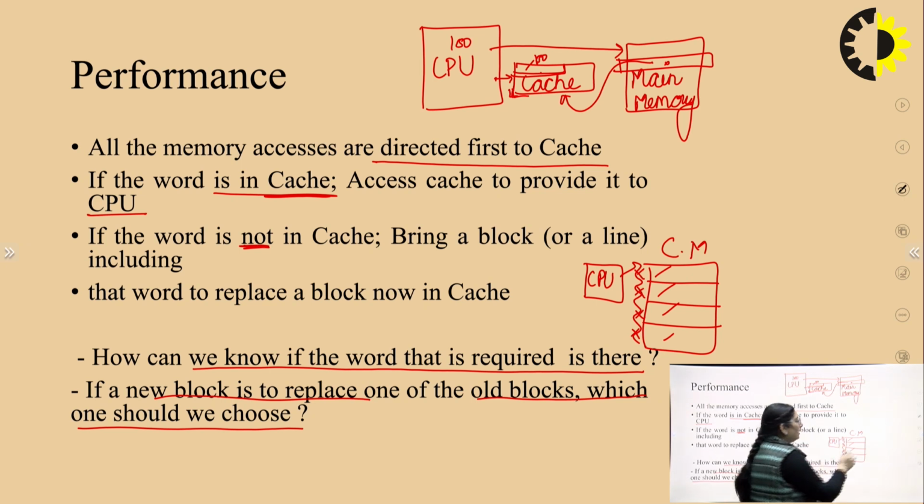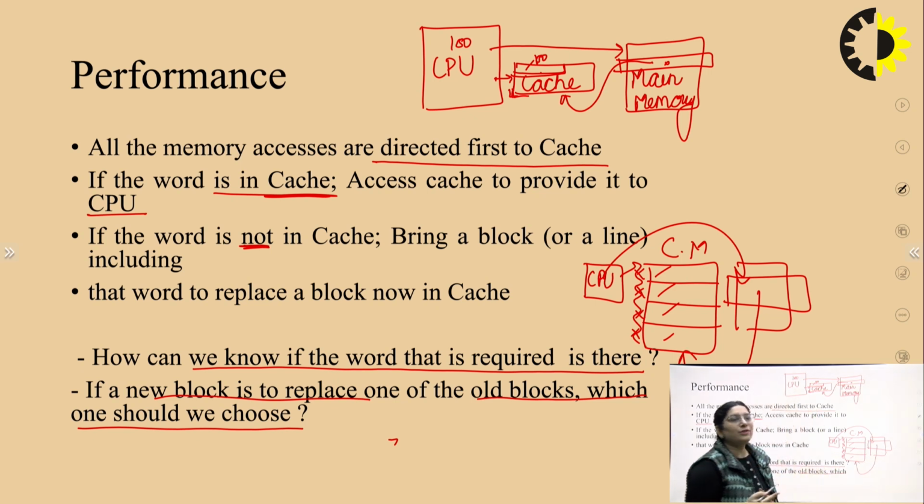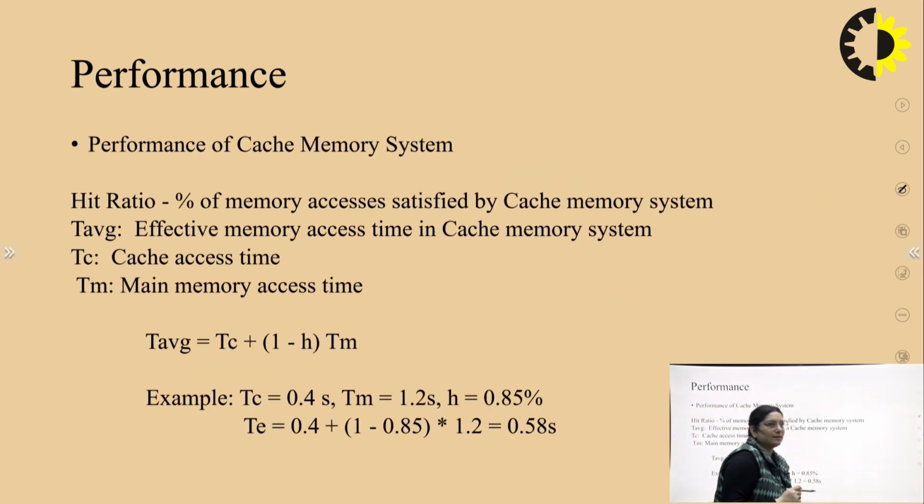Then what will happen? It will go to the main memory. It will access the data item from there. Also, it will get the data from main memory into one of these cache blocks. Now, in which cache block will it place the data? Since all the blocks are already occupied, which cache block would be replaced to get this new data? This is the issue. The solutions to these two issues will be given in the next slides.